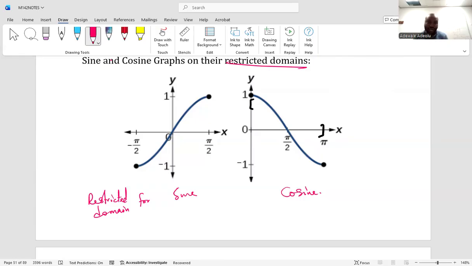Do not memorize this. The reason we are restricting the domain of sine and cosine is for us to be able to discuss their inverses. Because we cannot study the inverse of these functions on the entire domain because they are not one-to-one on the entire domain. We restrict it to this domain. For sine, it is negative pi over 2 to pi over 2. And for cosine, it is from 0 to pi.